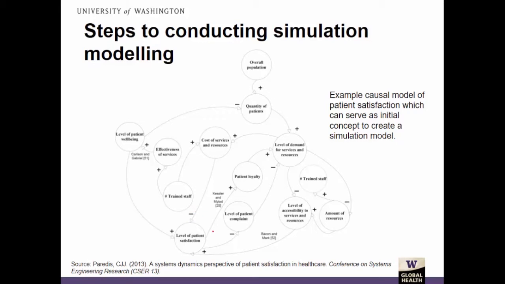So you would use this then to understand the different complex relationships between all the variables that you might want to include in your simulation model. Because what we need to do is specify these variables, specify how they relate to each other, and then we can see whether our simulation model truly reflects reality, and then we could test some of those what-if scenarios to guide further system improvements.